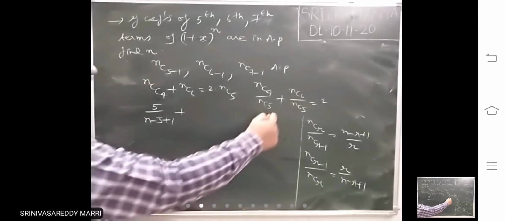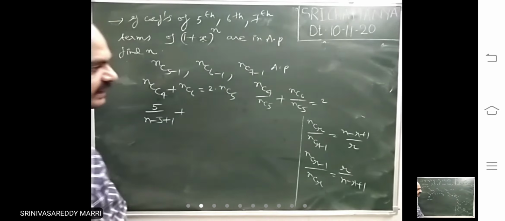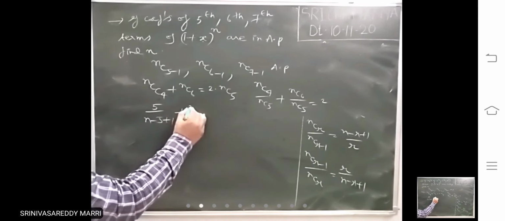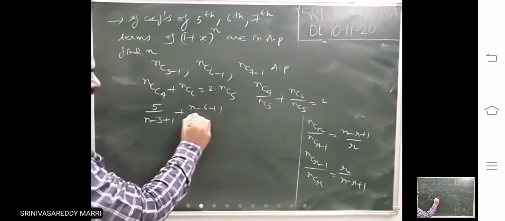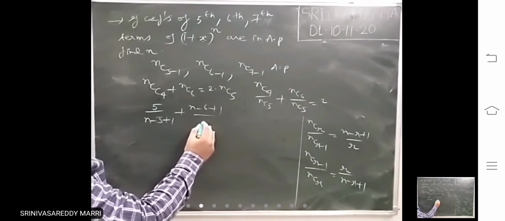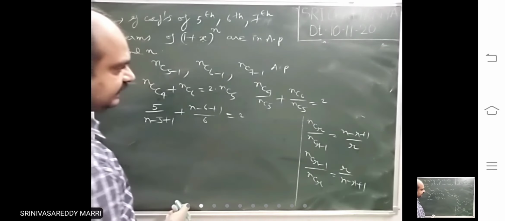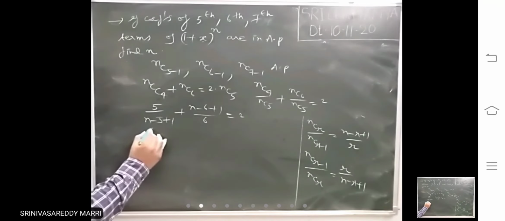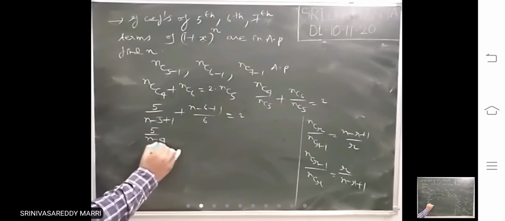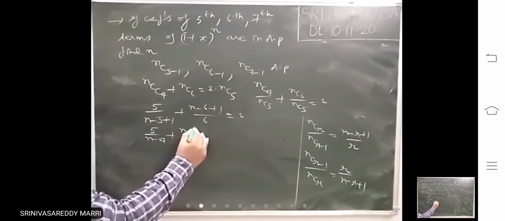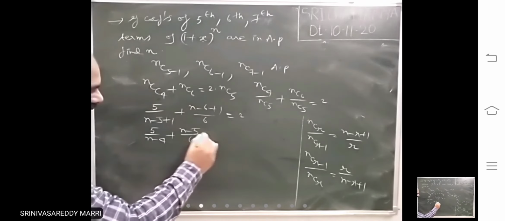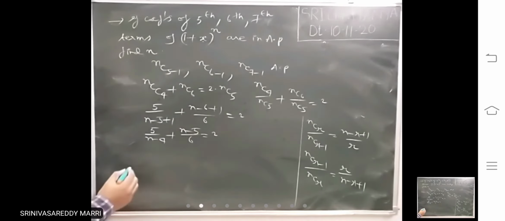Right? So now here nC6 divided by nC5, r is 6, so (n minus 5) divided by 6, equals 2 directly. So 5 divided by (n minus 4) plus (n minus 5) divided by 6 equals 2.